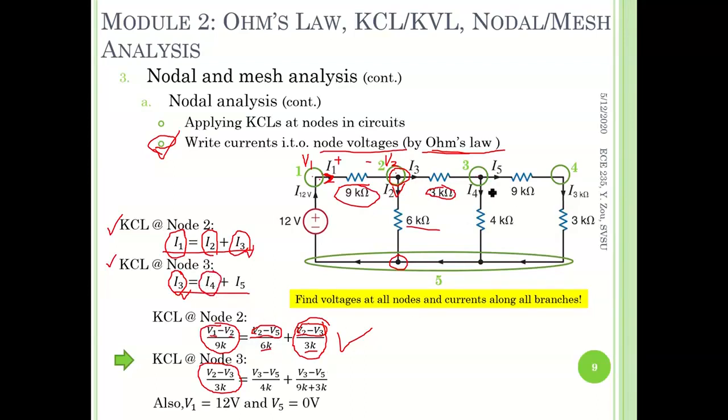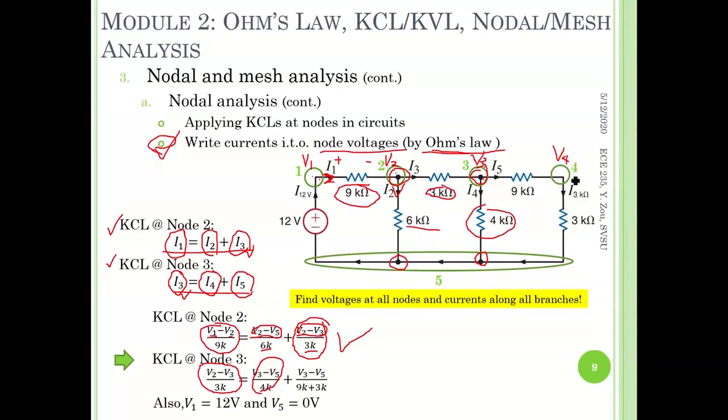I4 is flowing from node 3 towards node 5, so we are using V3 minus V5 divided by the resistance it goes through, 4 kilo ohm here. So here we go. I5, same thing. Rewrite I5 in terms of voltages V3 and V4.